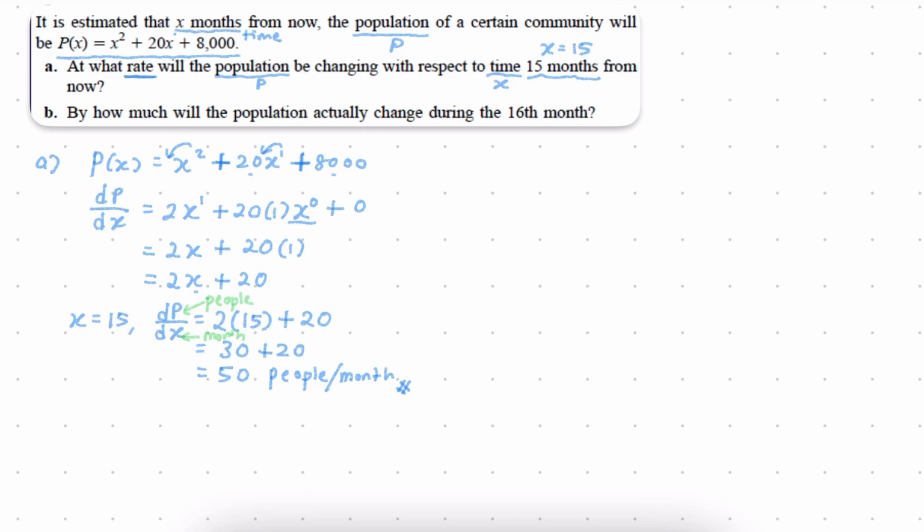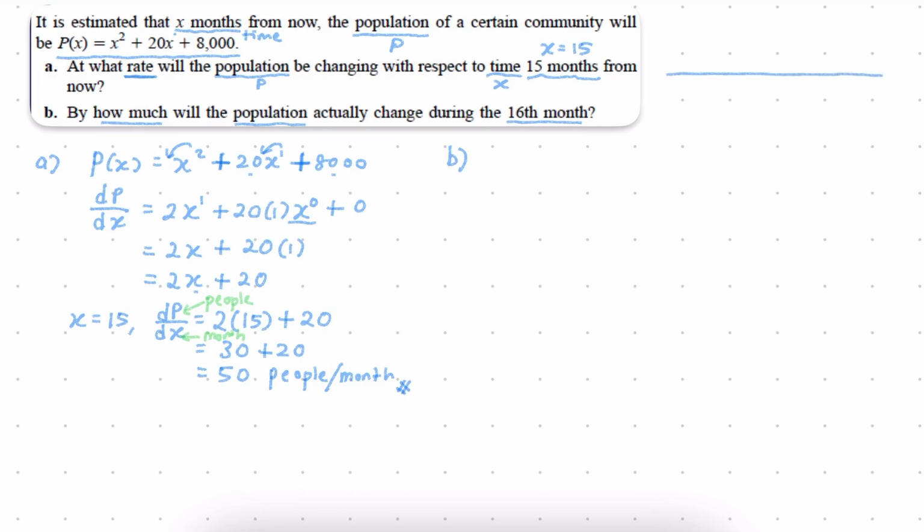While for question B, let's look at the question. It asked how much the population, we focus on population, how does the population actually change during the 16th month? Before we start, let me draw a timeline for you to understand this.